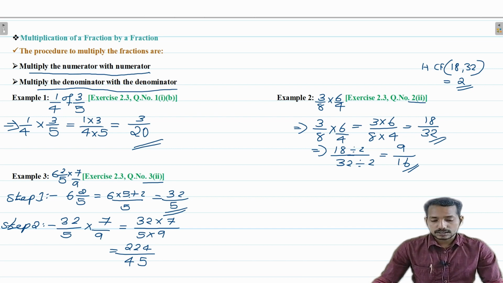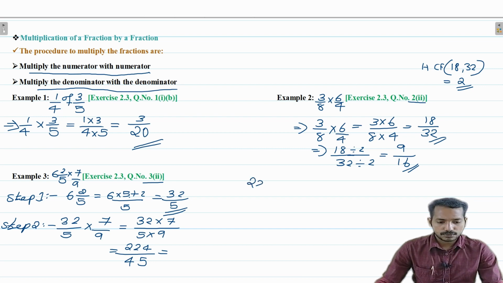Now we can go for the simplification. So what will we get here? Just divide 224 divided by 45. What will we get? 45 into 4 is 180. The maximum is 180, because if you take 5 it will be 225. Clear? So that is not possible.